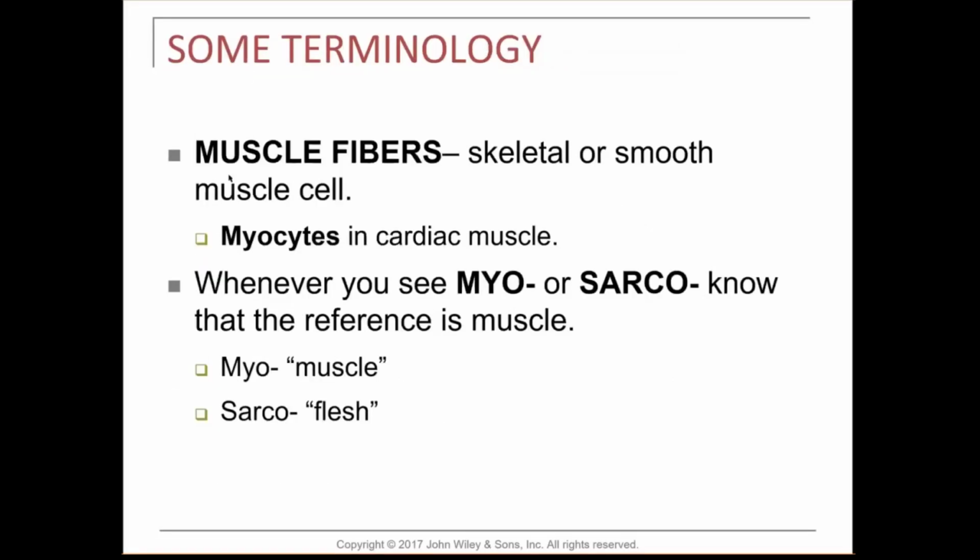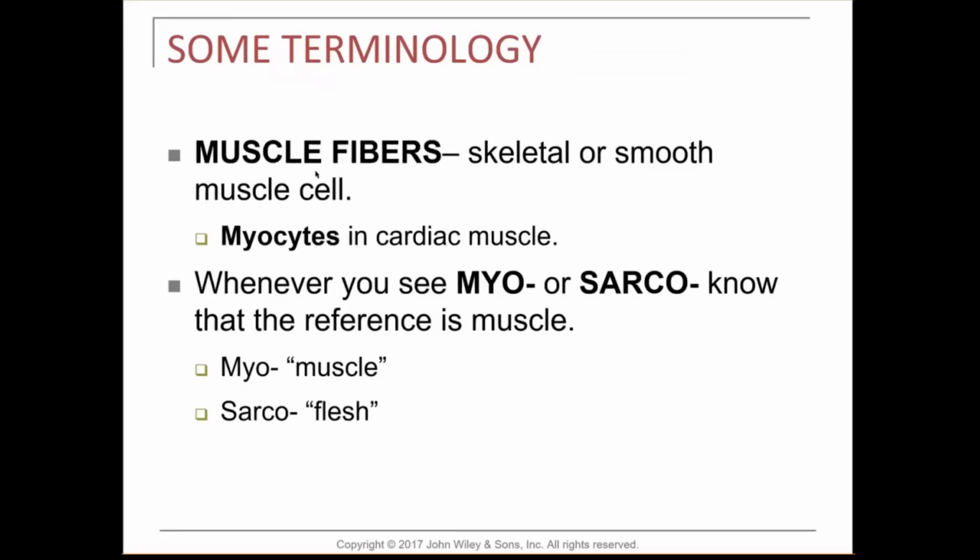Moving right along, some terminology. Terminology is huge in discussing the muscular system. Definitely be familiar with muscle fibers and that they relate to muscle cells. These cells come together to give you different muscle tissue. When we're talking about cardiac muscle tissue specifically, instead of calling them muscle fibers, we call them myocytes. Just some semantic differences here.